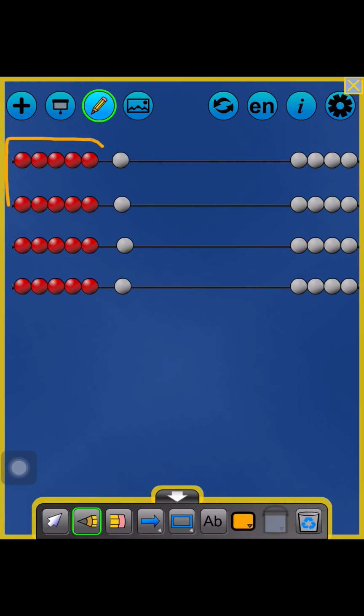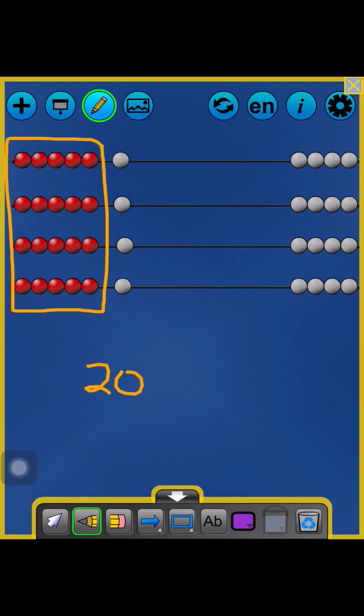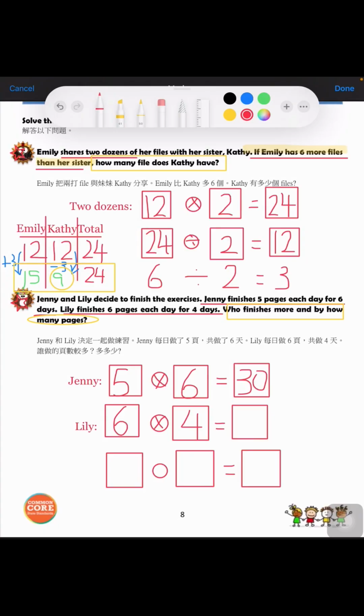We may first skip count by 5 to see how many red beads are there. 5, 10, 15, 20. So there are 20 beads, adding the 4 remaining beads, which is 24. Therefore 6 times 4 equals to 24.